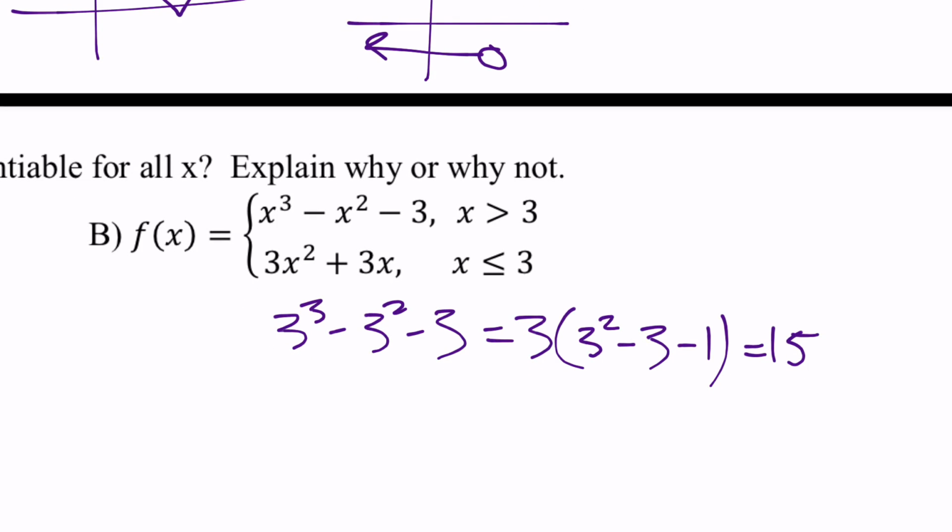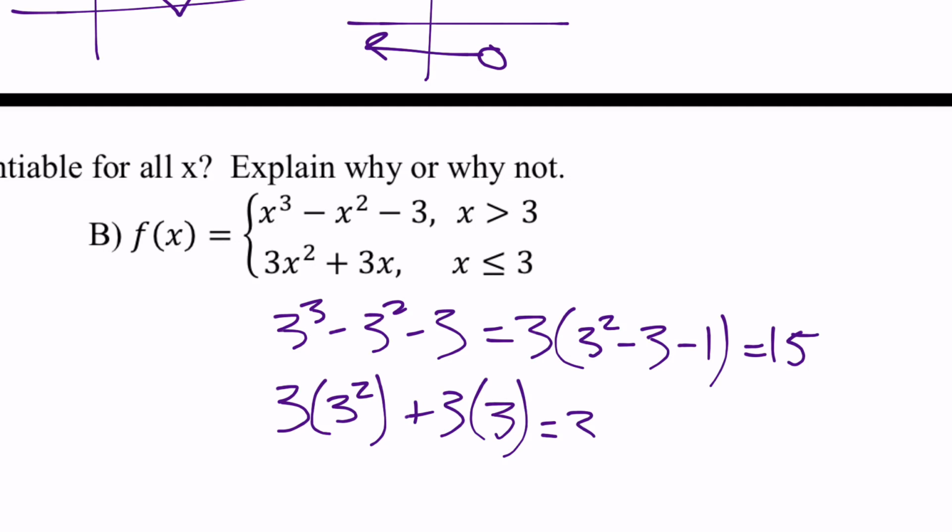Plug into the bottom branch. 3 times 3 squared plus 3 times 3. Oh my gosh, there's so many 3's in this problem. Equals 3 times 3 squared plus, well, wait, why don't I just pull out a 3 squared?